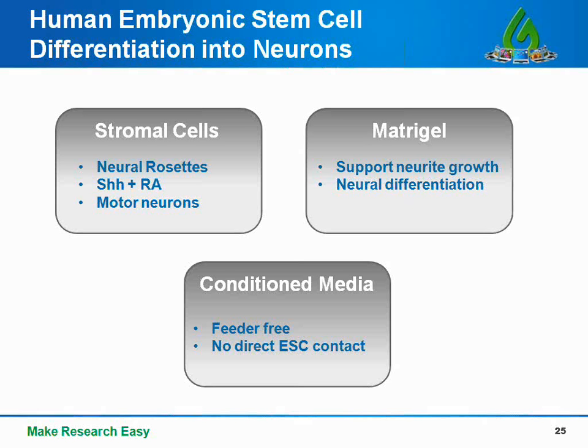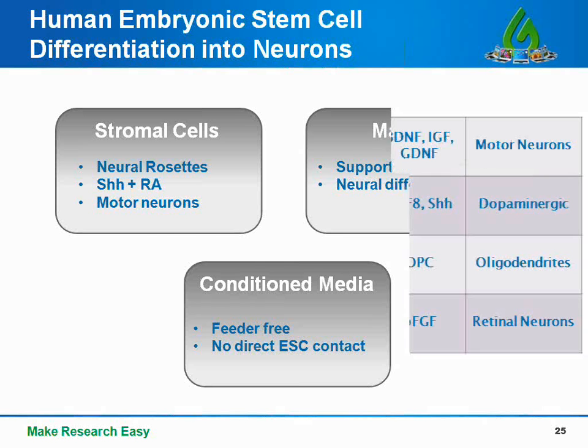Now this method is like the previously described method with macrophages using the L929 conditioned media. What you'll have to do is culture stromal and fetus cell lines separately, collect the media, filter it, and then use it to differentiate your embryonic stem cells. This will reduce the risk of direct mouse to human cell contact.